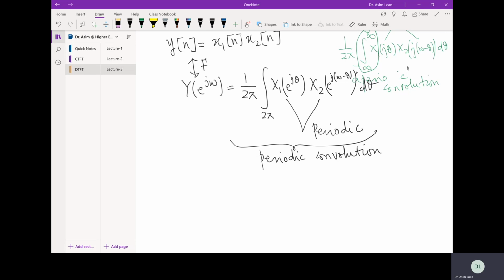Maybe I'll rewrite this one over here. This one is a periodic convolution.